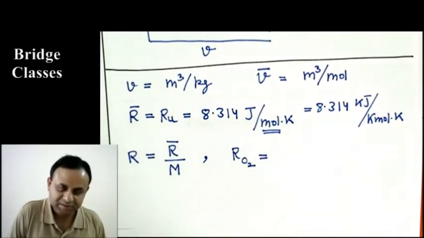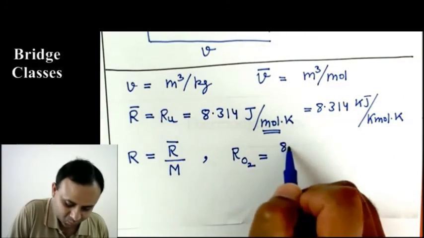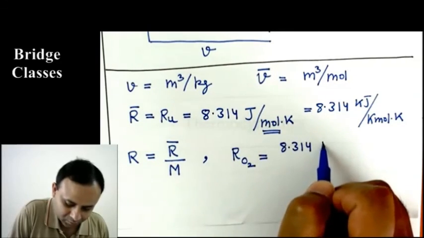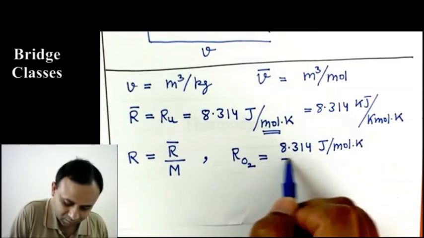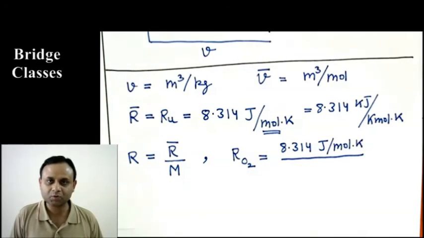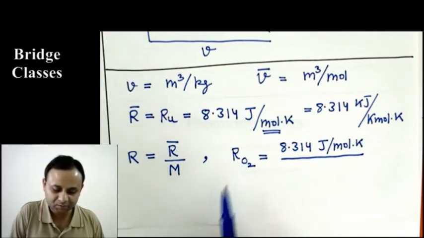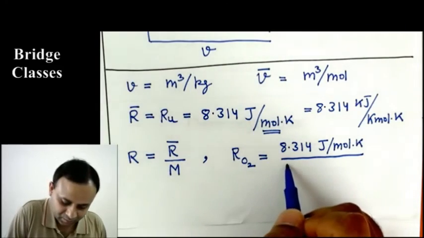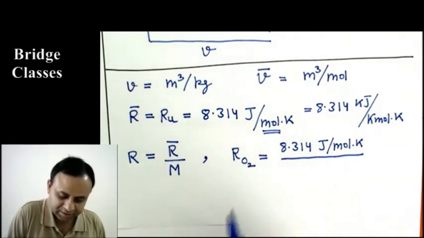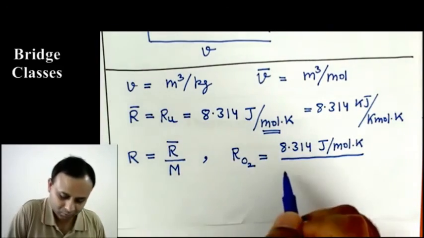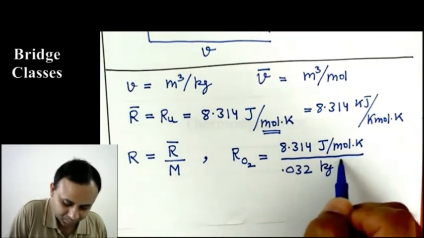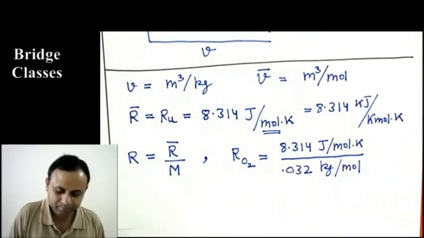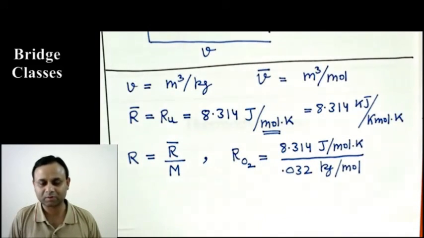It will be the universal gas constant, that is 8.314 joule per mole Kelvin, divided by the molecular weight of oxygen. Molecular weight of oxygen is 32. So it is 32 gram per mole, or you can write 0.032 kilogram per mole.